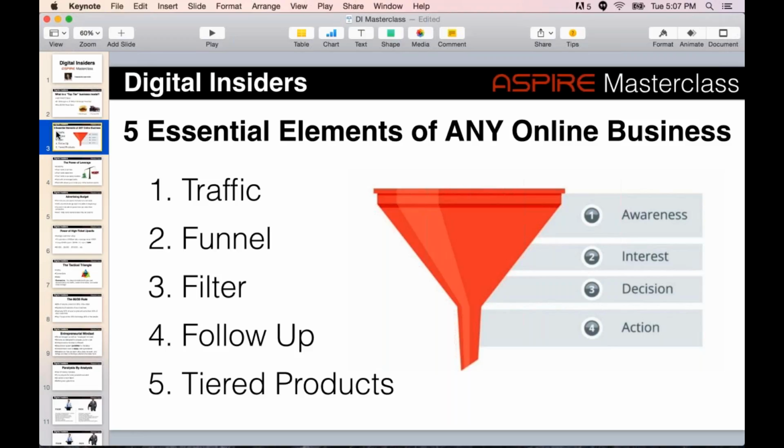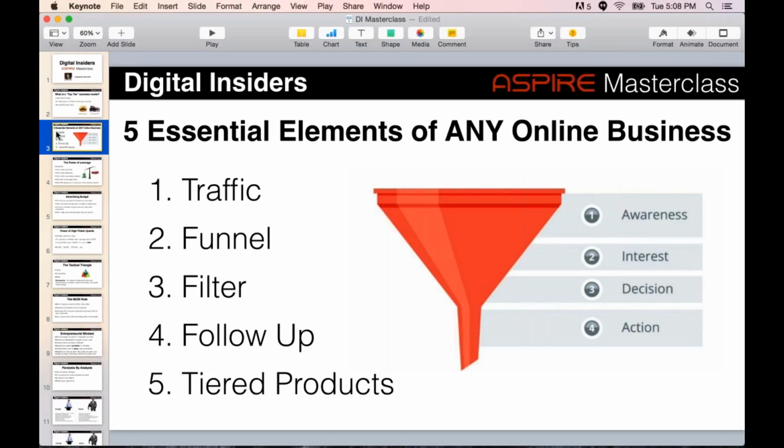The filter refers to more like a sales funnel, where you have initially your prospects, the website visitors, then you might have a squeeze page, a lead capture page, where you get their email address so that you can follow up with them. They haven't bought anything yet, but now they're a targeted lead because they are at least interested enough in what you have to offer that they're willing to give their email address in exchange for more information from you.